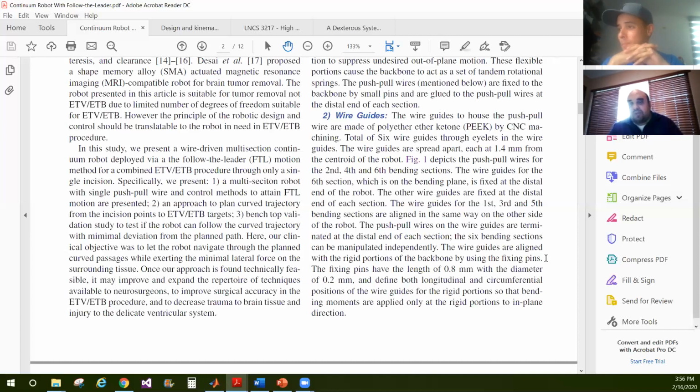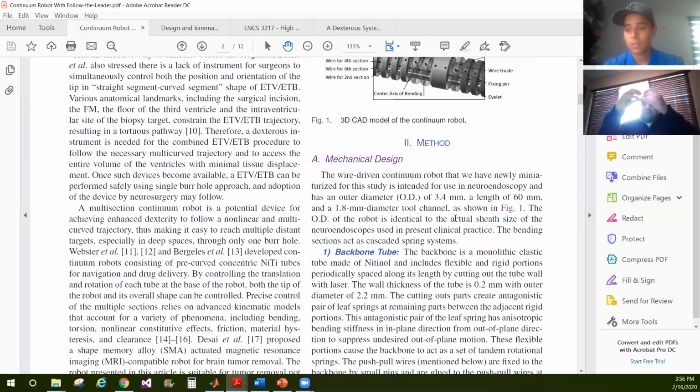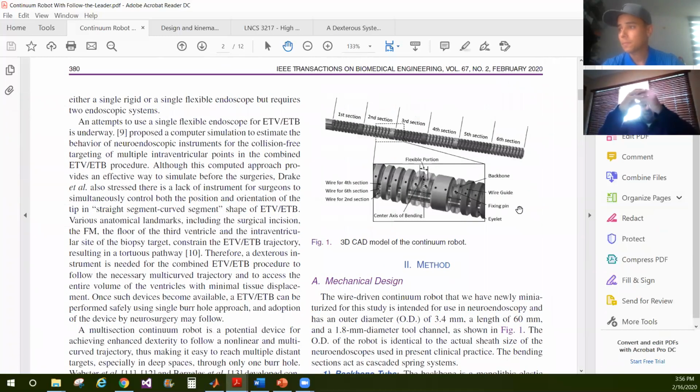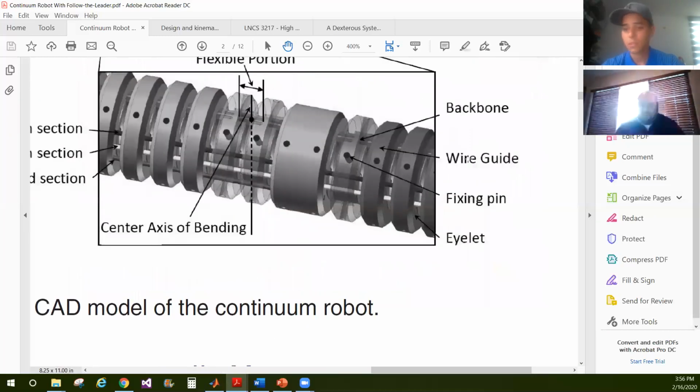Yeah, I see what you mean. So you're saying that it can only bend, but it cannot go inside. The links don't go inside each other, and that's what the fixing pin does. It doesn't allow the links to go into each other, right?